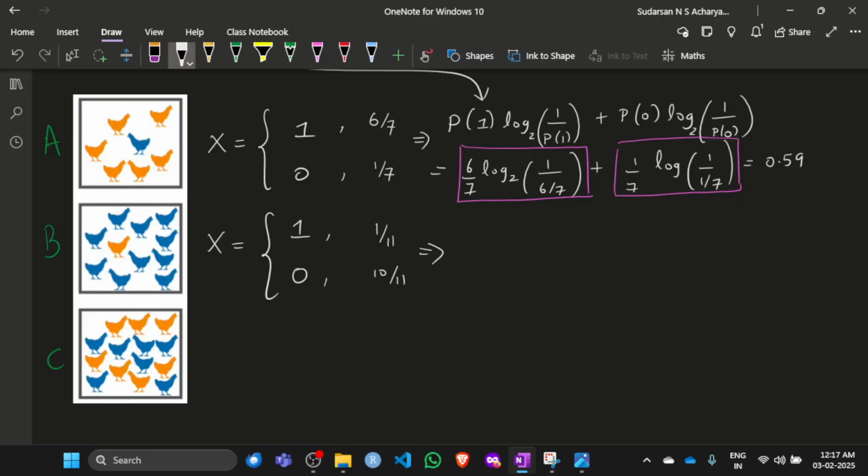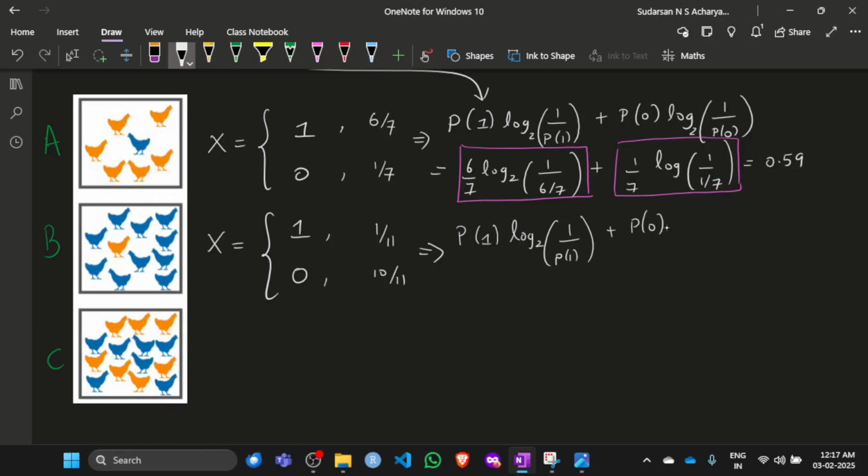So let's calculate the entropy of box B, the entropy associated with the random variable x that tells us what the next random chicken is. What is the expected surprise in picking the next random chicken? Again, it's the probability of the random variable taking the value 1 times the log of 1 over the probability of the random variable taking the value 1.